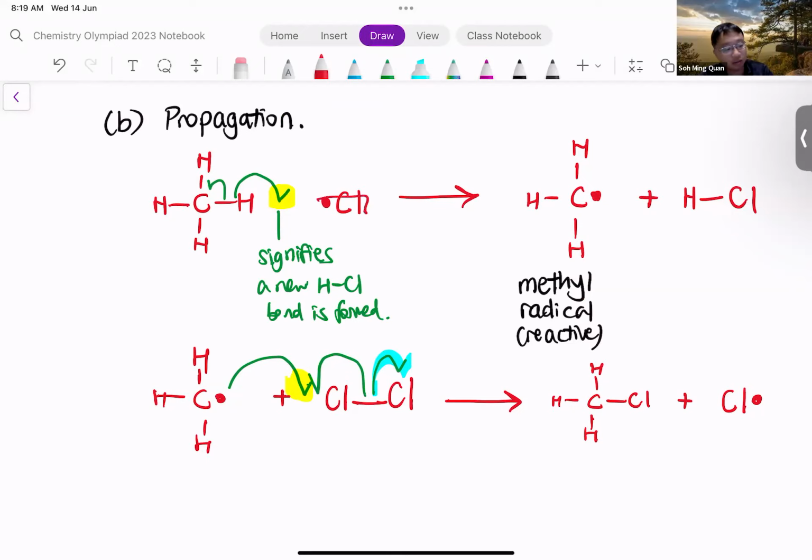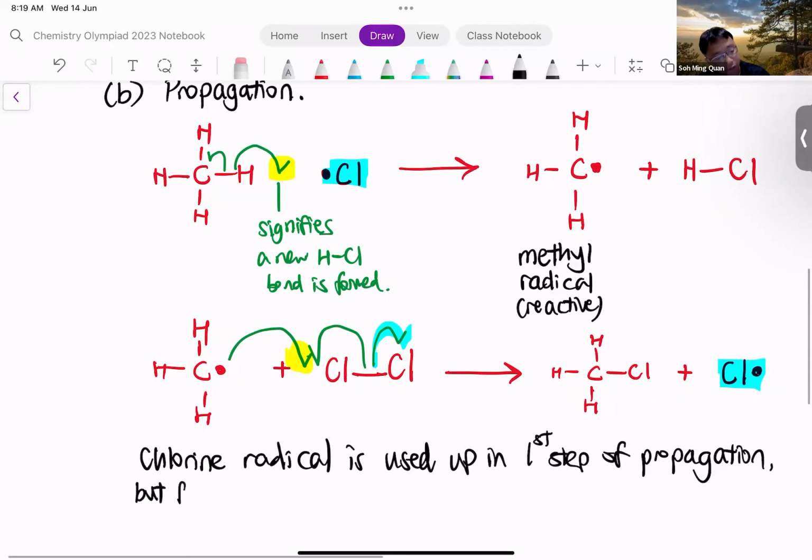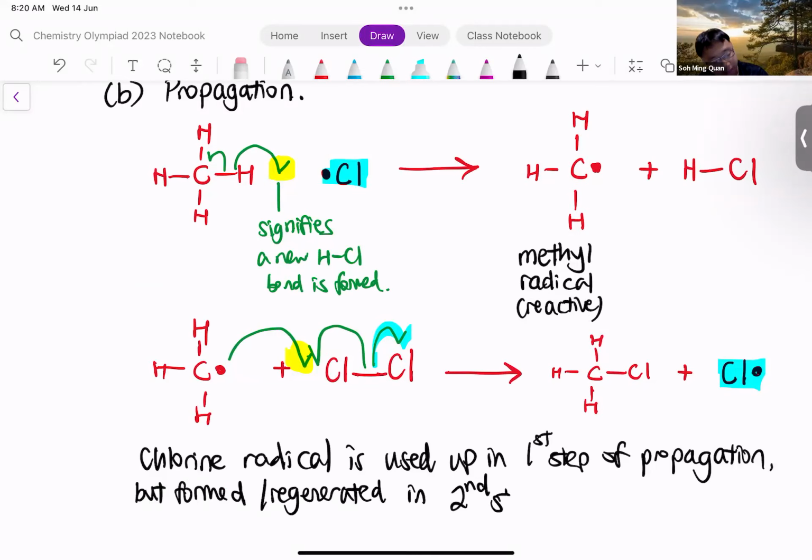So now let's take a look. The chlorine free radical is used up in the first step of propagation, but formed or regenerated again in the second step of propagation.